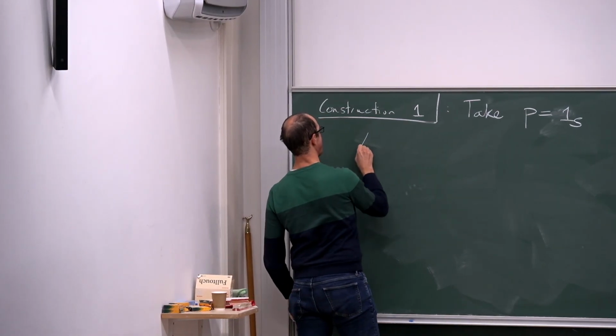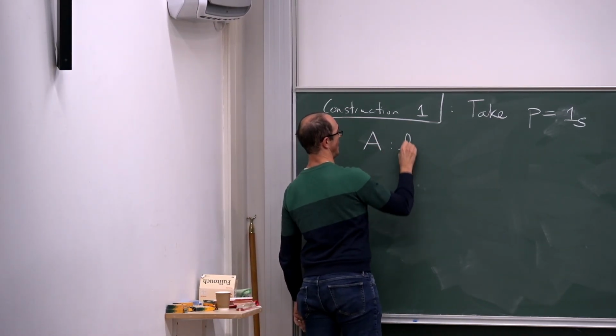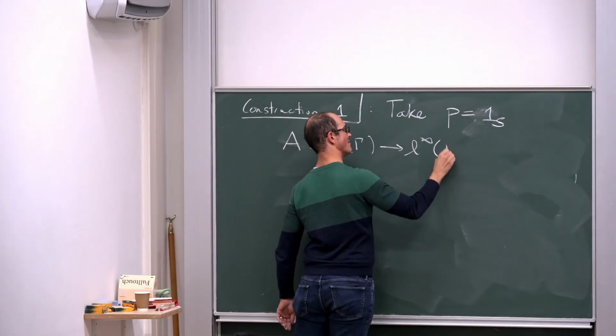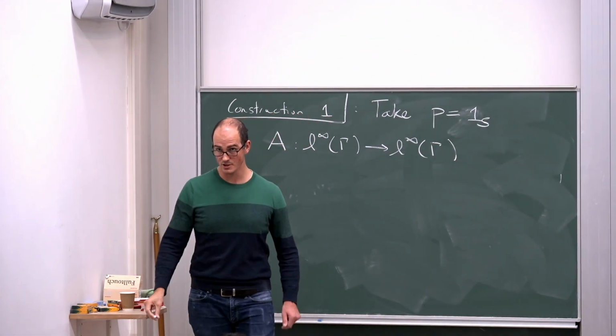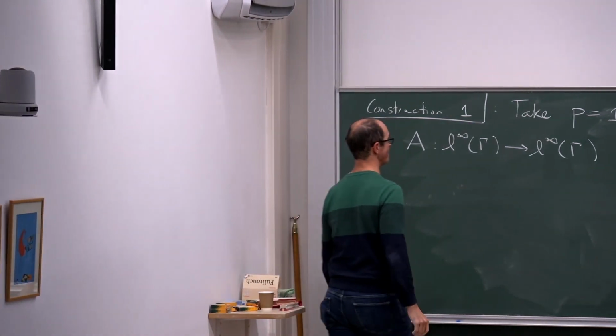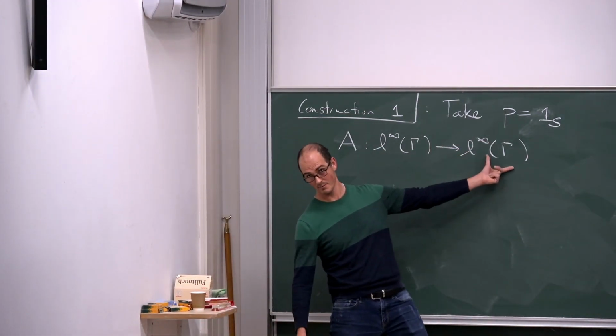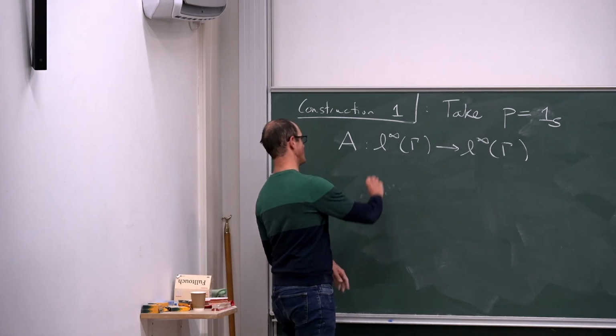And you can define A, this is going to be, in general, an unbounded operator on this von Neumann algebra, okay? But it makes sense if you restrict to finitely supported elements of this algebra. You can make sense of everything.